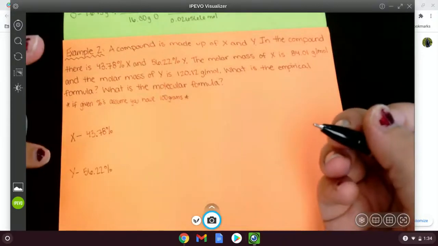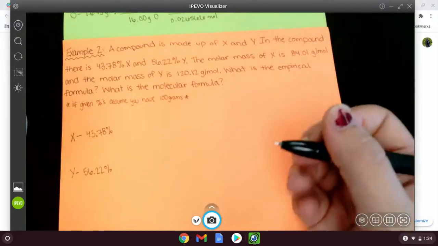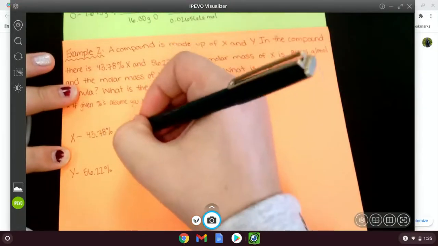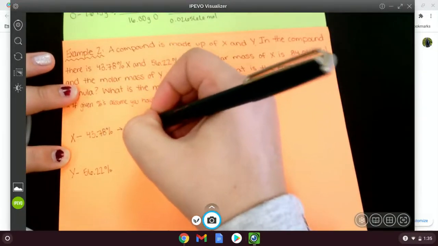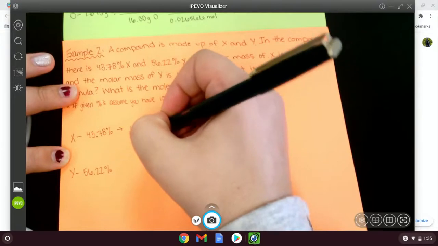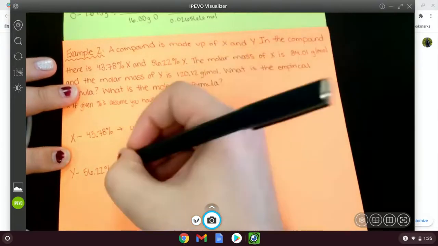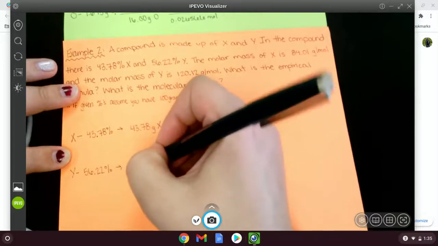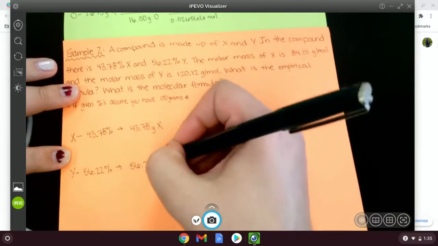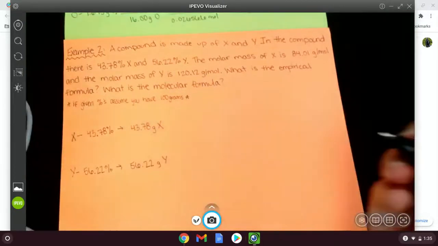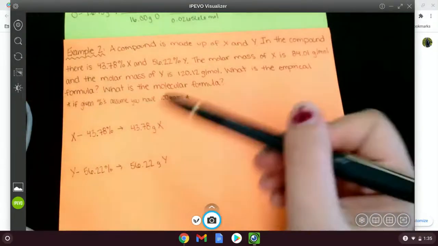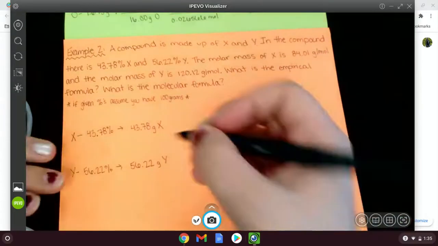So we have percentages, so I'm going to assume we have 100 grams, which means I have 43.78 grams of X, and I also have 56.22 grams of Y.